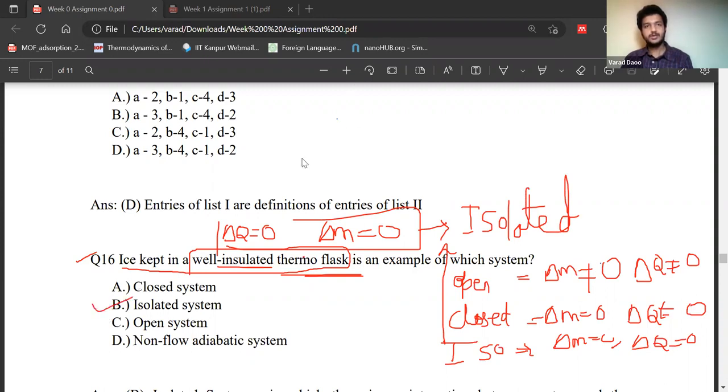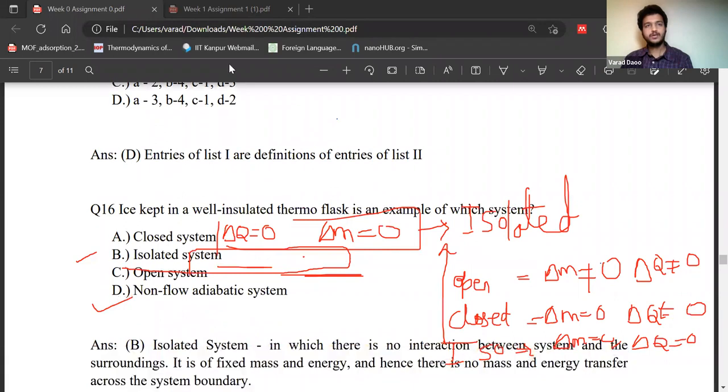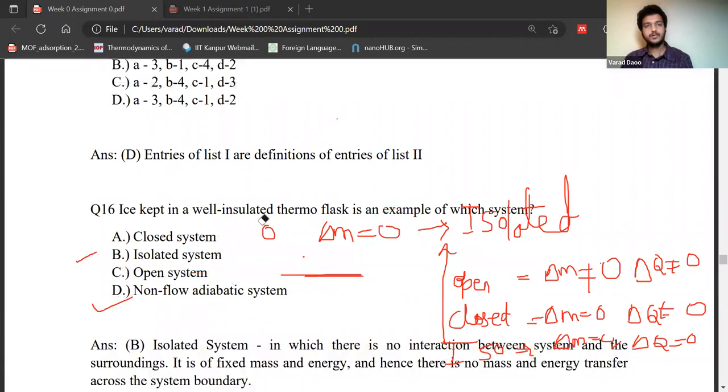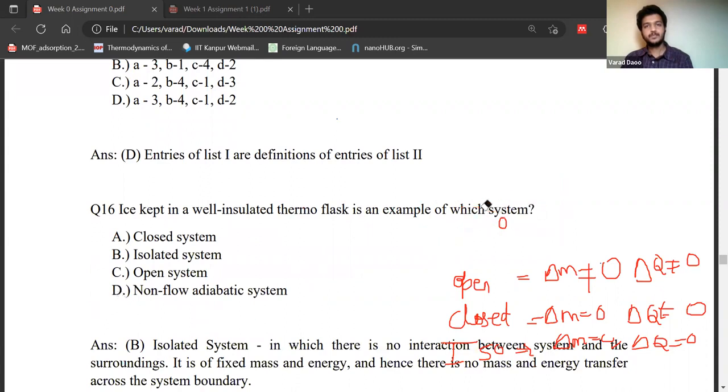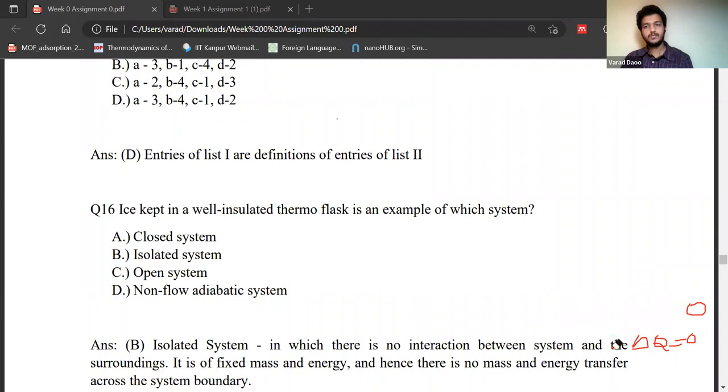Okay. So the answer is isolated system. Okay, answer is option B. So what is an isolated system? One in which there is no interaction between system and surroundings.